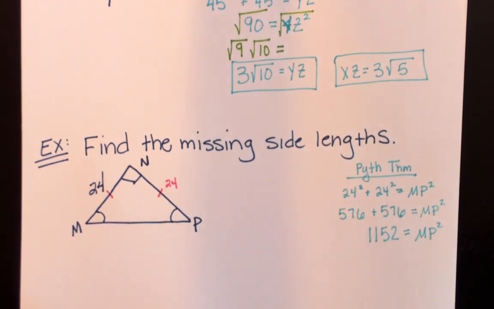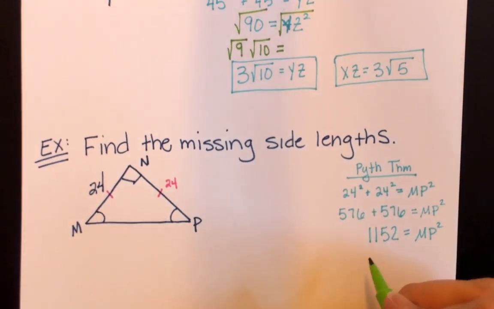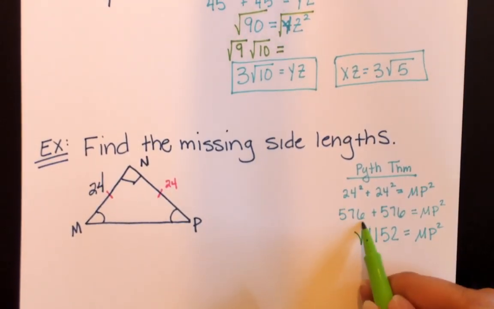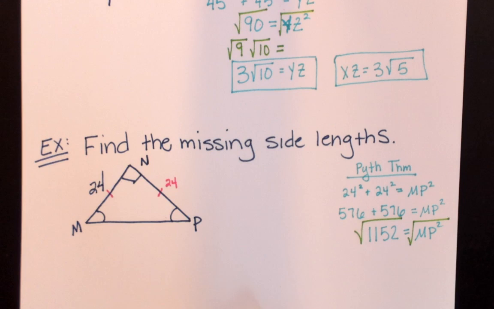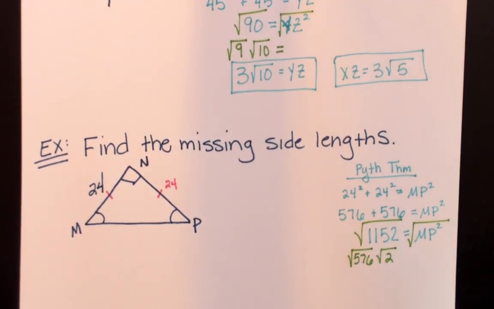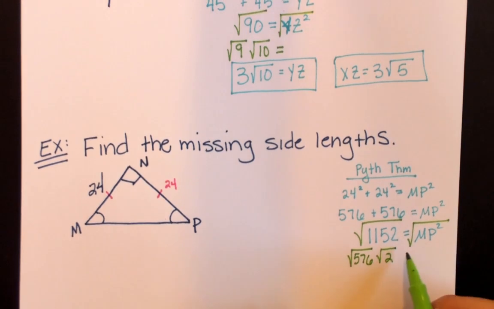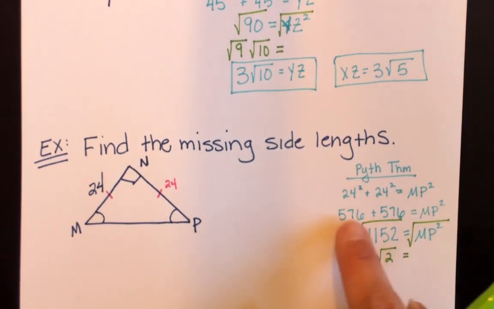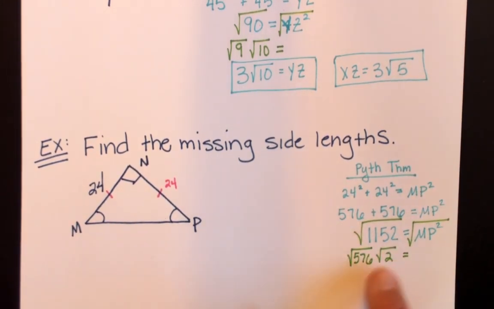So just like before, when we go to solve, we have to simplify, and we end up with that 576 times 2 under our radical sign. So I'm using all of this to help me see that that 576 is going to show up again, which is, just like before, the 24 shows back up.